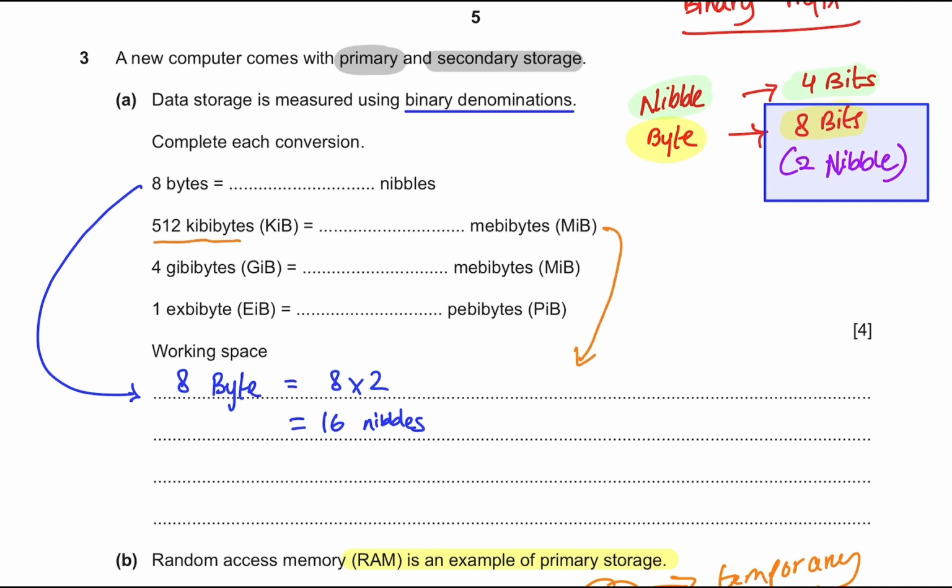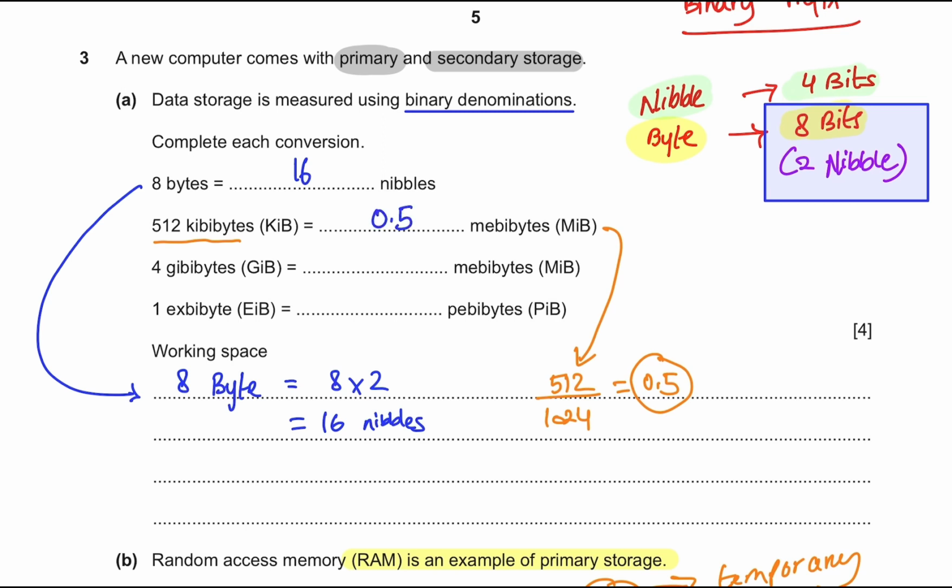From kilobytes to megabytes, 512 divided by 1024, which if you do the math, you will get 0.5. So 0.5 is the amount of megabytes here.